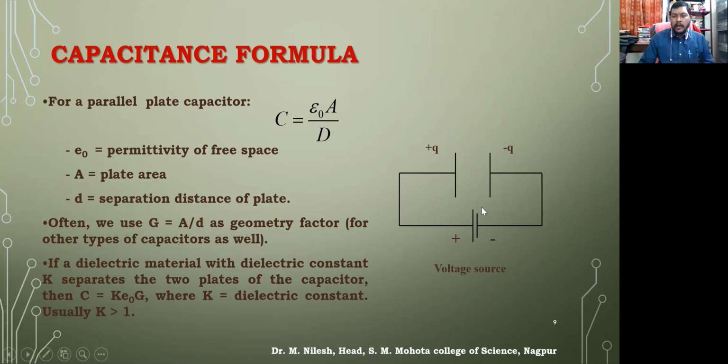And if you see the symbol of a voltage source, one line is greater and the other line is smaller. We use this because one is at a higher potential, therefore we have a large, big line, and the small line represents a small potential voltage.